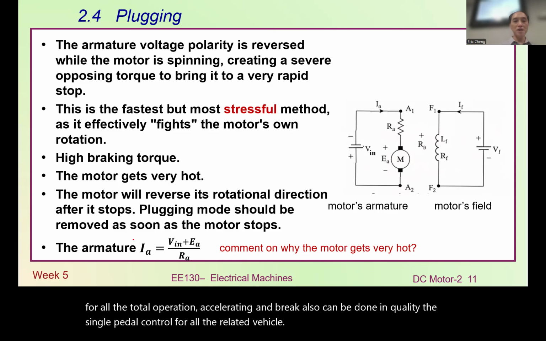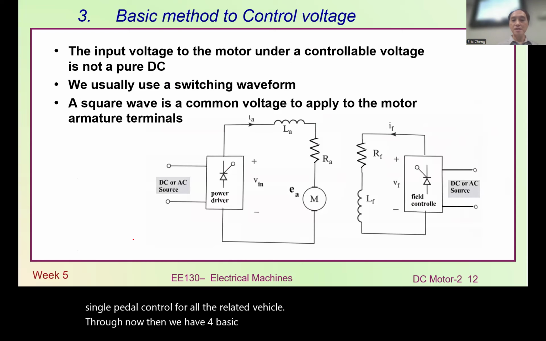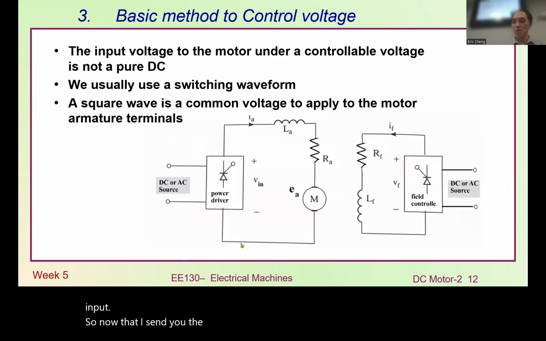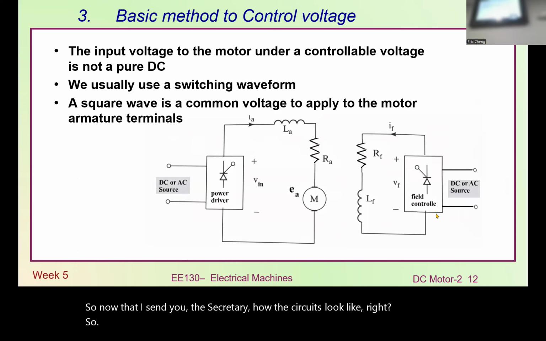So now we have four basic operations. Now let's see the concept of how we control the voltage at the motor input, and what it actually looks like. I will show you the circuitry. Here is the motor equivalent circuit, and that's the driving circuit.